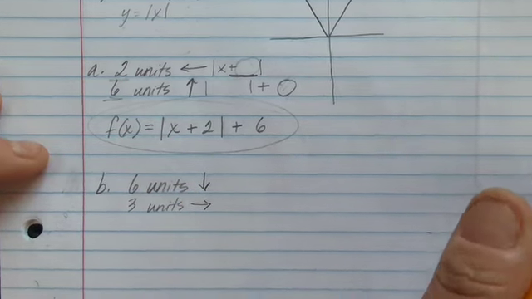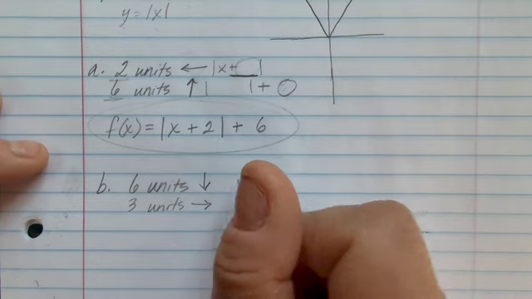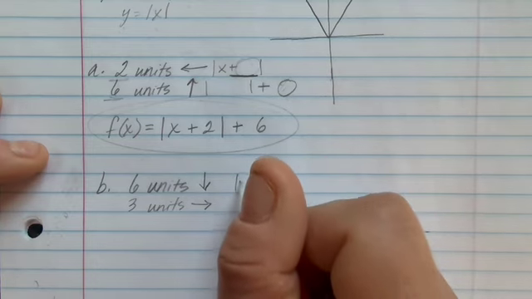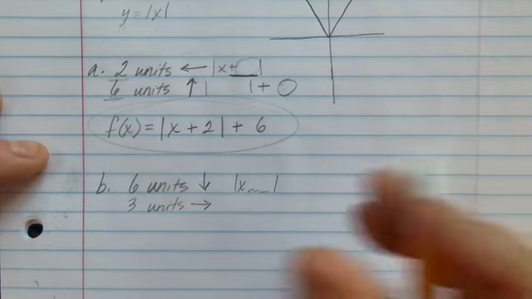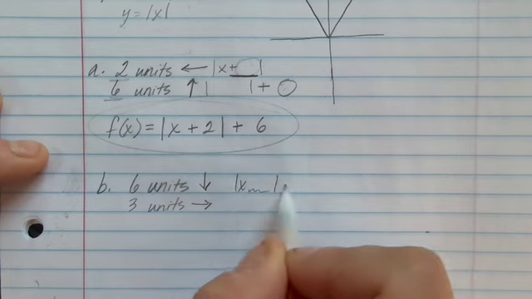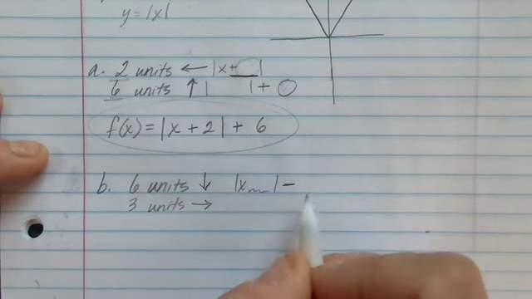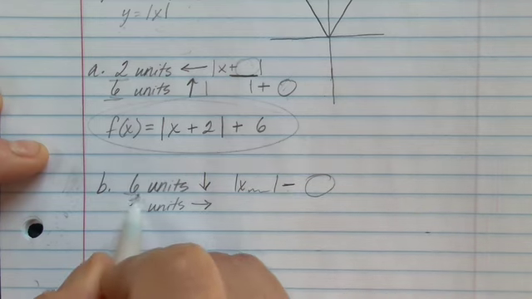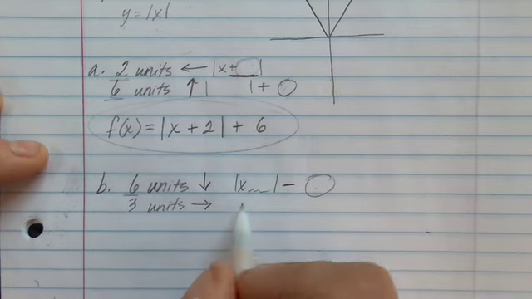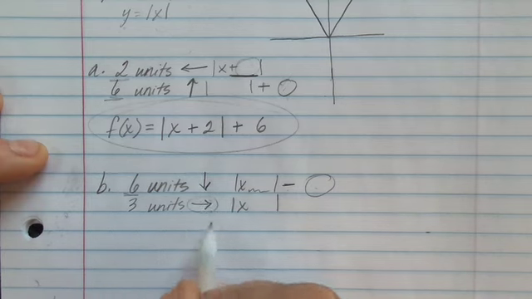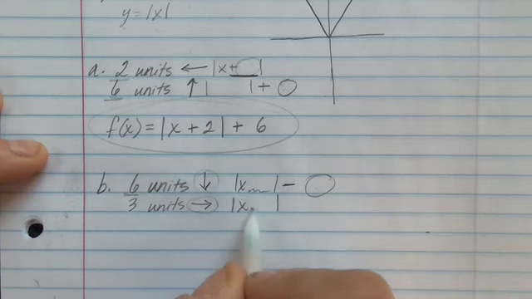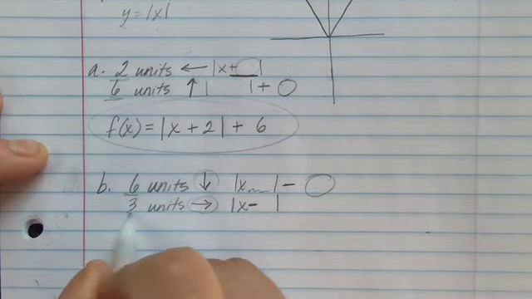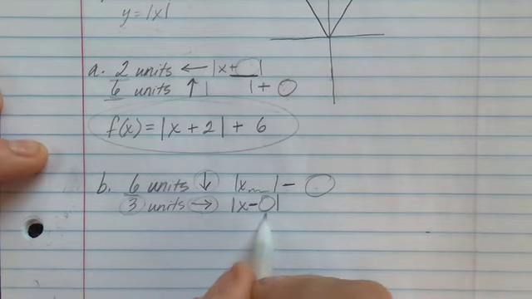What we need to remember here is that when we're going down, my translation is outside of the absolute value, and down means I'm going to subtract however many units. That's going to go in here. When I want to move to the right, it's going to be inside. This is inside, this is outside. To move to the right, I'm going to subtract however many units inside of here.